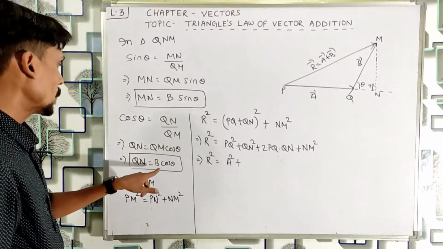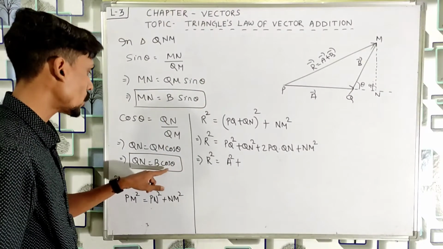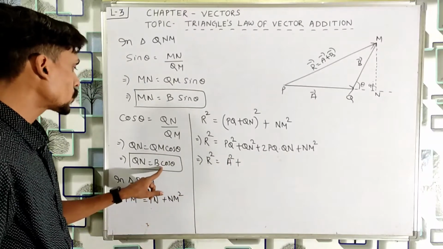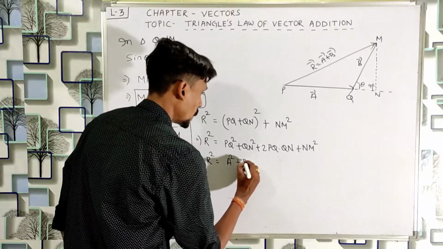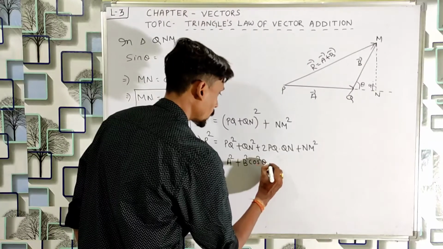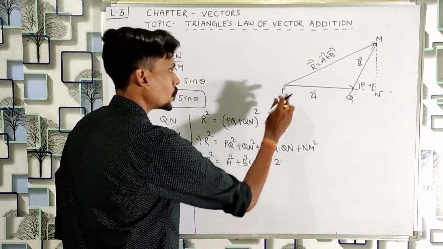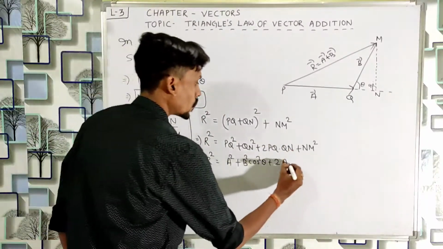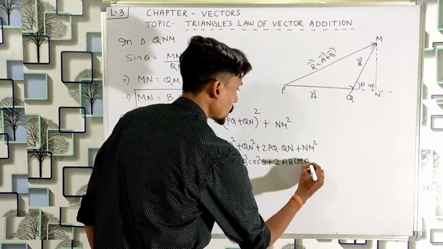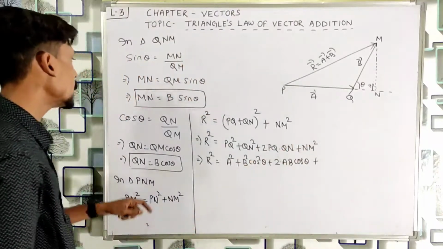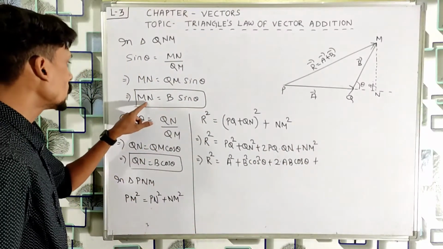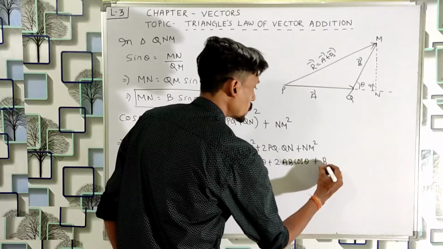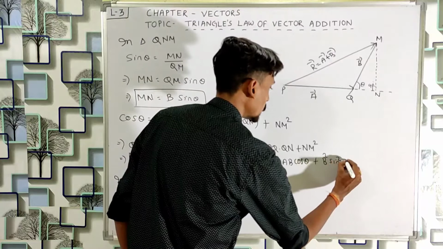QN is B cos theta. So QN square will be B square cos square theta, plus 2 into PQ, PQ means A, into QN, QN means B cos theta, plus NM square. What is NM? NM or MN both are same. So NM is B sin theta. So NM square will be B square sin square theta.